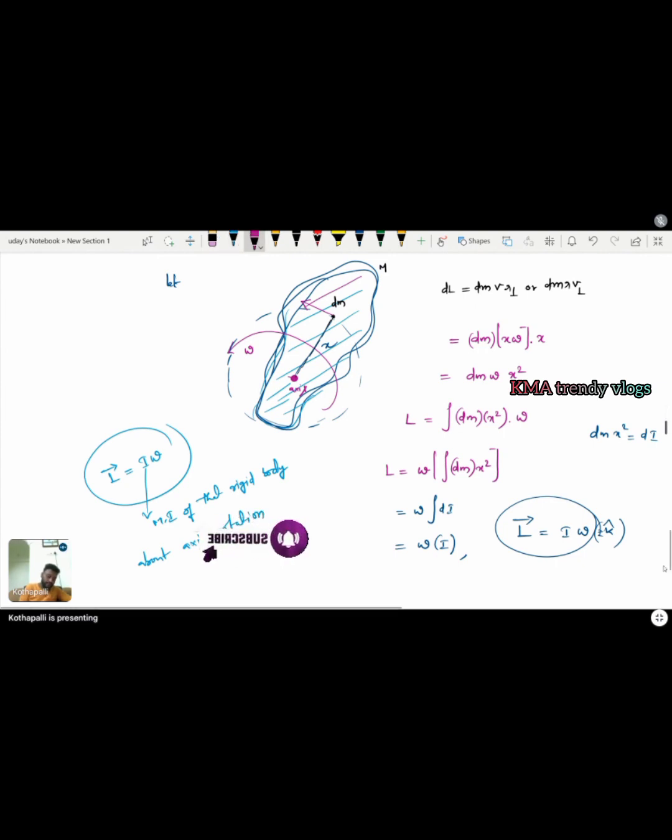And what is omega? Angular velocity. Okay, clear? Now see an example.